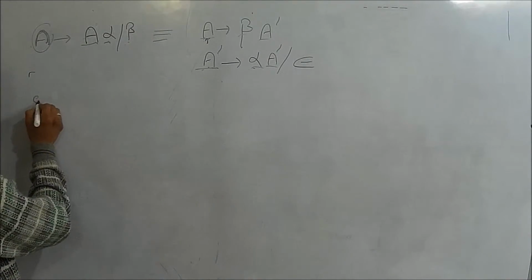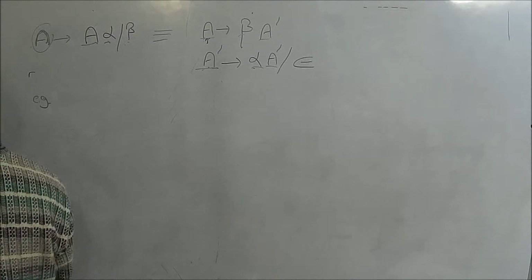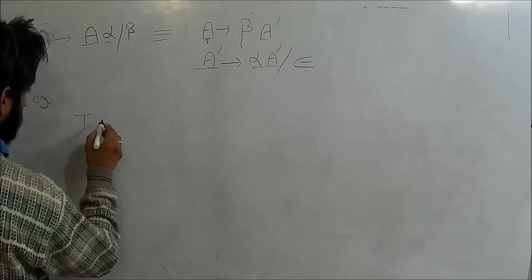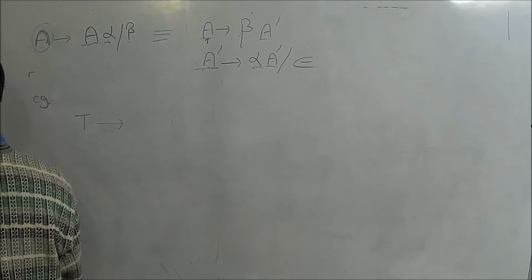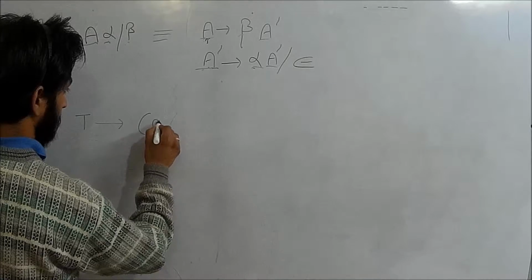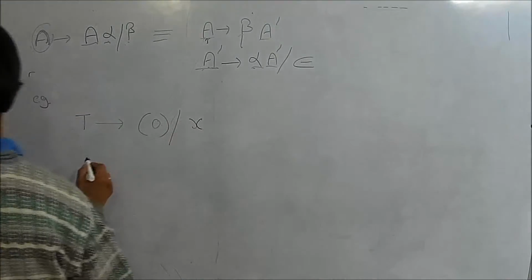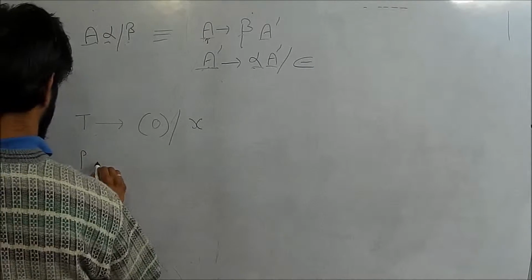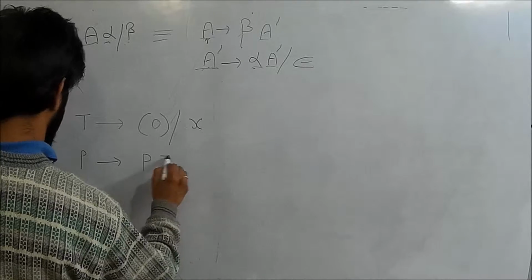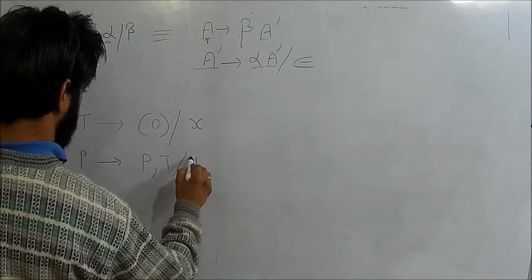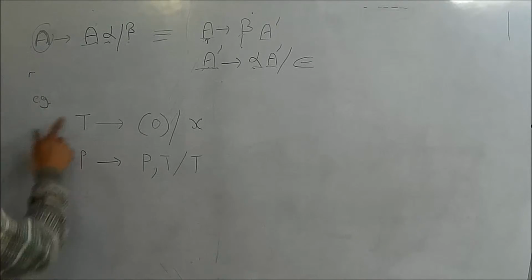A grammar in which T derives T into X, and P derives P comma T slash T. Okay, the given grammar is this one.